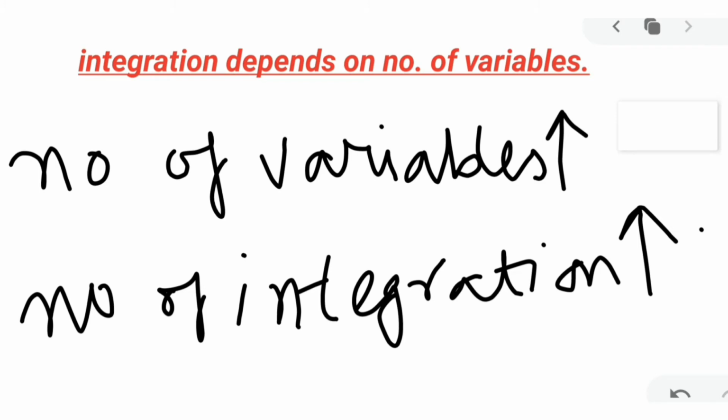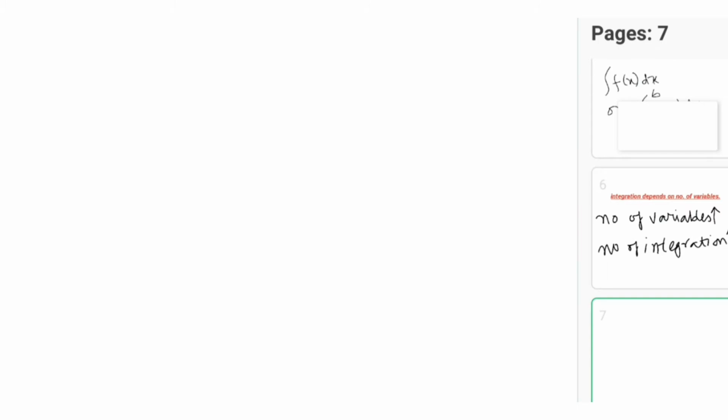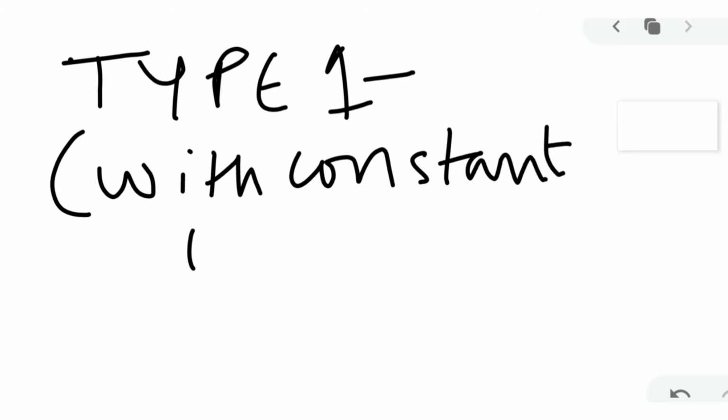So I have divided the types of questions into three types. Here we have type 1, where we have questions with constant limits.